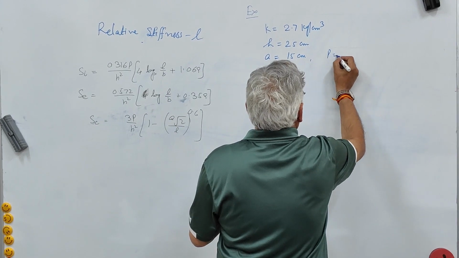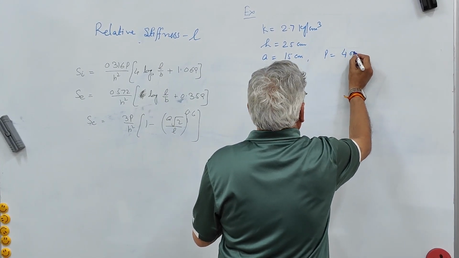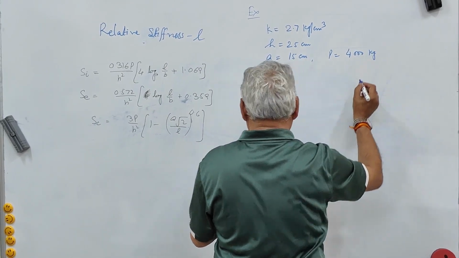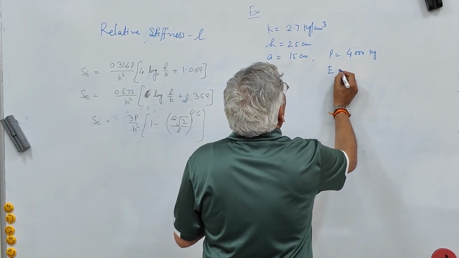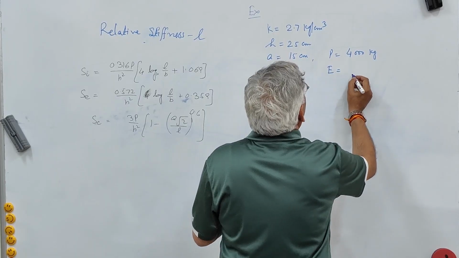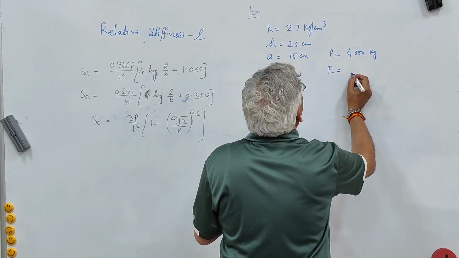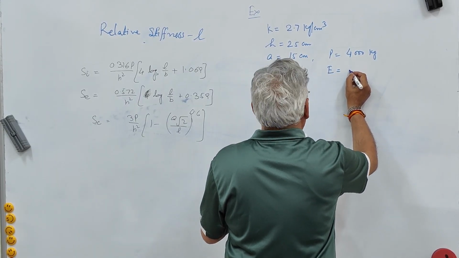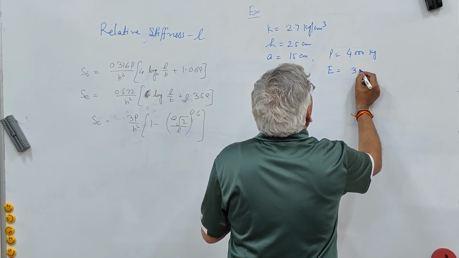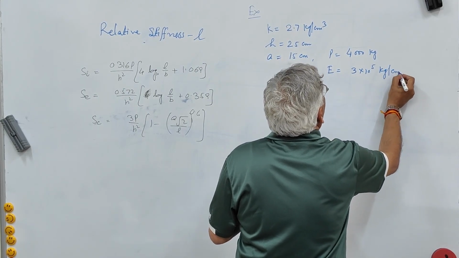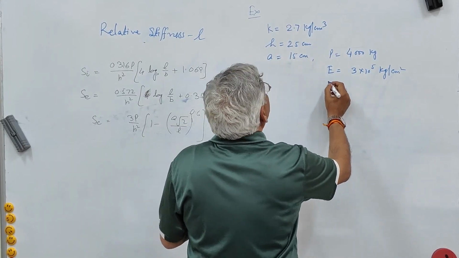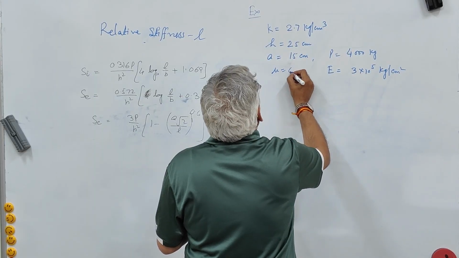The wheel load is, let us say, 4000 kg or 40 kilonewton. E value of the concrete is 30 GPa, that is gigapascal, or you can say 3 into 10 to the power 5 kg per centimeter square, and mu we can assume 0.15.